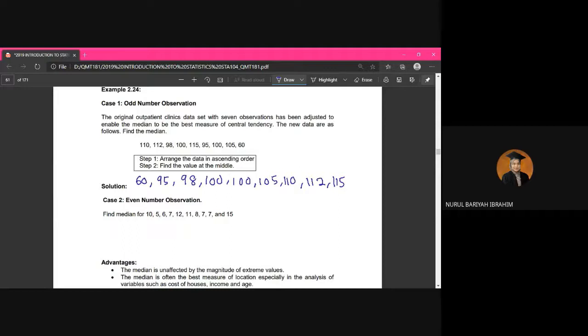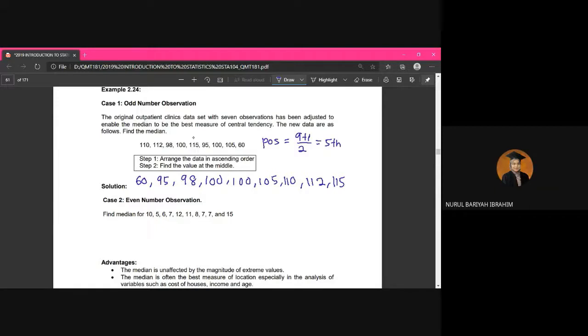Okay, so the position. So next after we order the data, we need to find the position. Positionnya adalah tadi kan n plus 1 divided by 2. So the answer will be 5. So means that the median berada di fifth position.